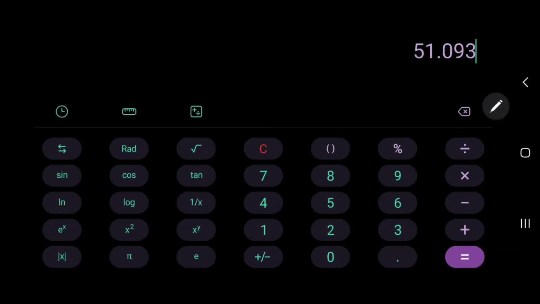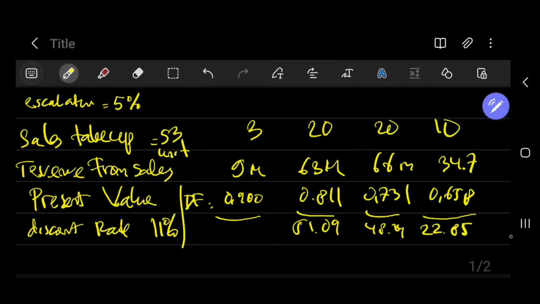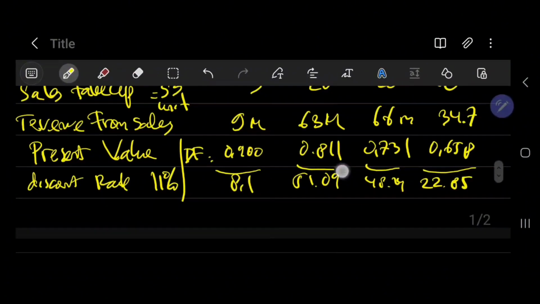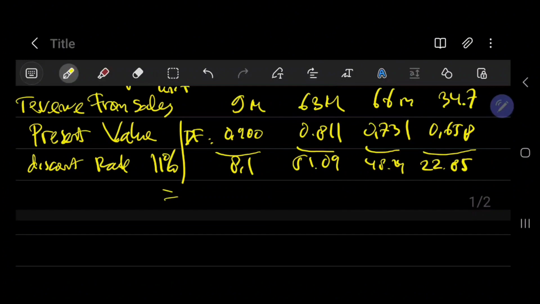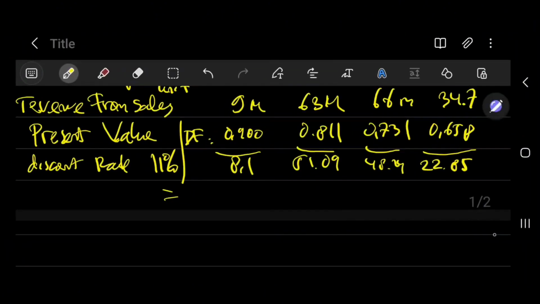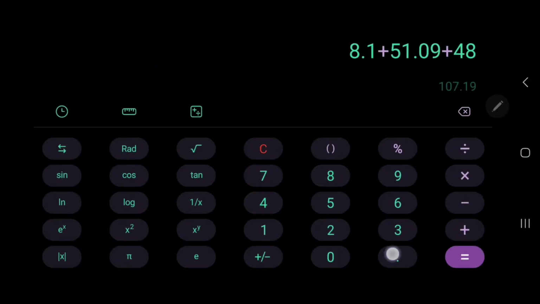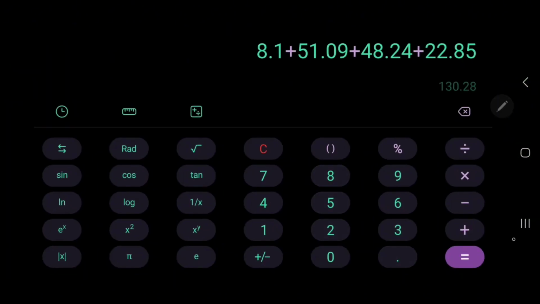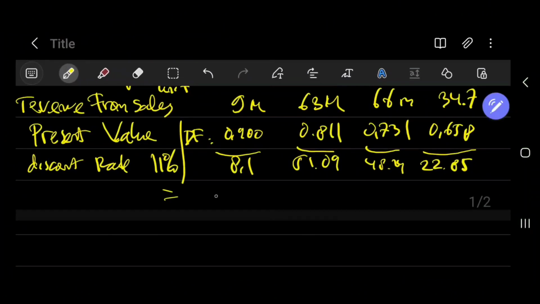And for the year 1, 9 billion multiplied by the discount factor is 8.1. So the total for the present value of GDV, we add for the year 3 48.24 and year 4 22.85. So this is the total GDV, around 130.28 billion.